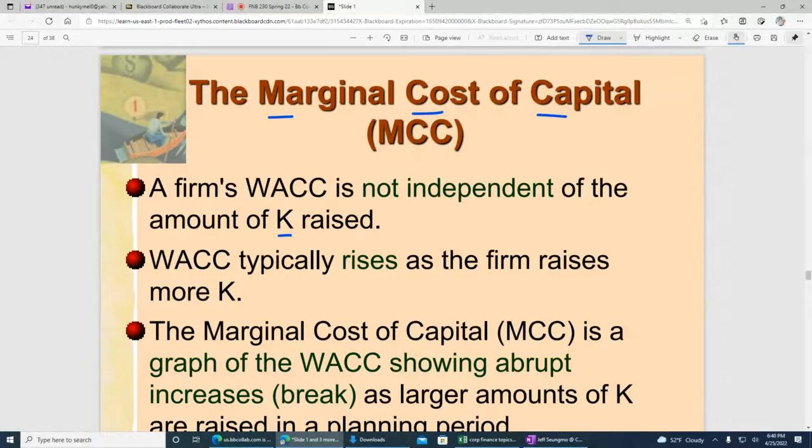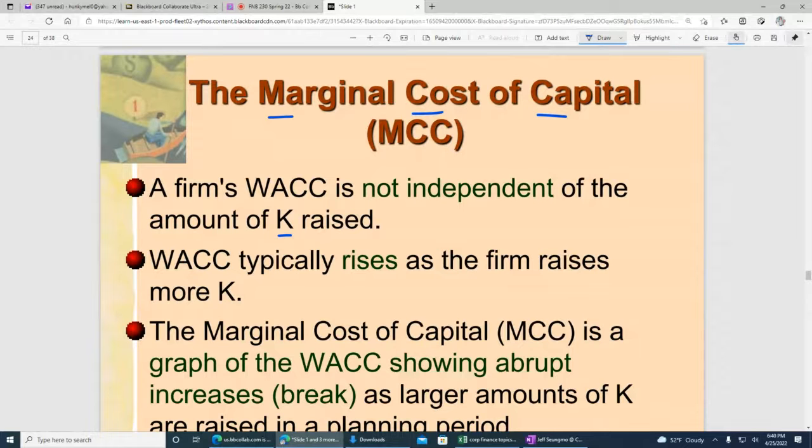But if the required capital needed is not met by the retained earnings, then we will have to sell new stocks. And then the weighted average cost of capital will jump, right?